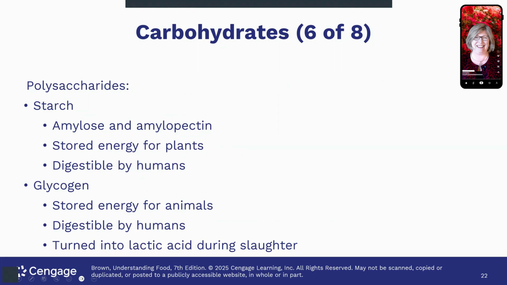Starch is the stored form of energy that you find in plants, and that is digestible by humans. And glycogen is the storage form of energy for animals. And again, we do have some stored carbohydrate in the human body, and animals have it too in the muscle because we do store a little bit of carbohydrate there. It is digestible by humans.